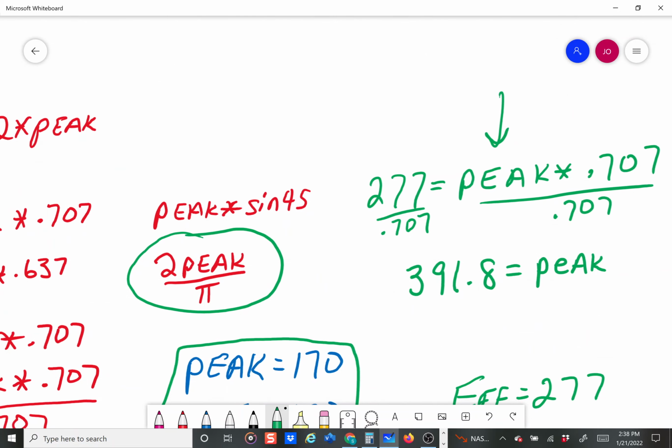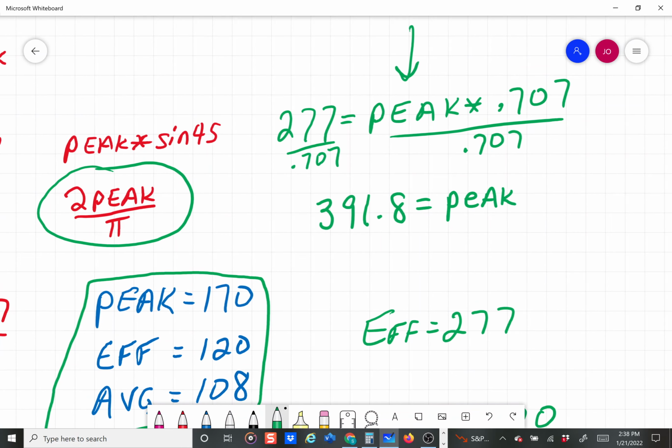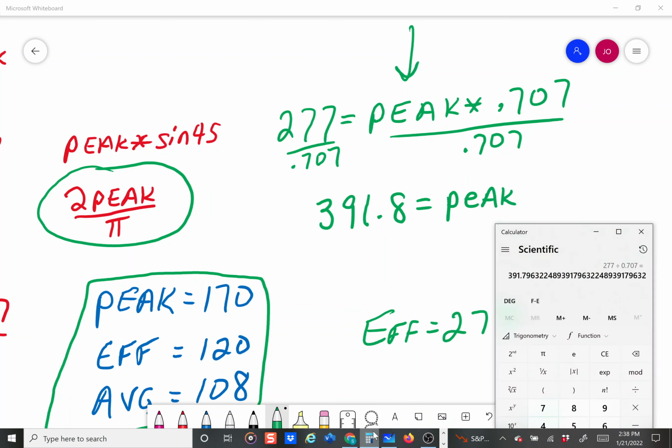I could just multiply it by 0.637, but I'm going to take that value that's still in my calculator, peak, and multiply it by 2 and divide it by pi. Again, if you want to just multiply it by 0.637, that's fine.